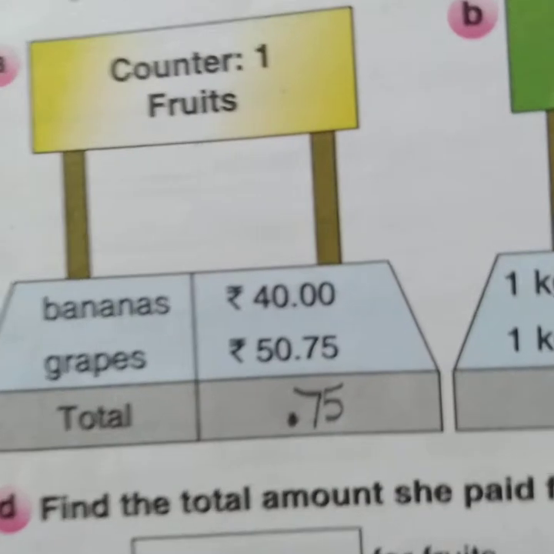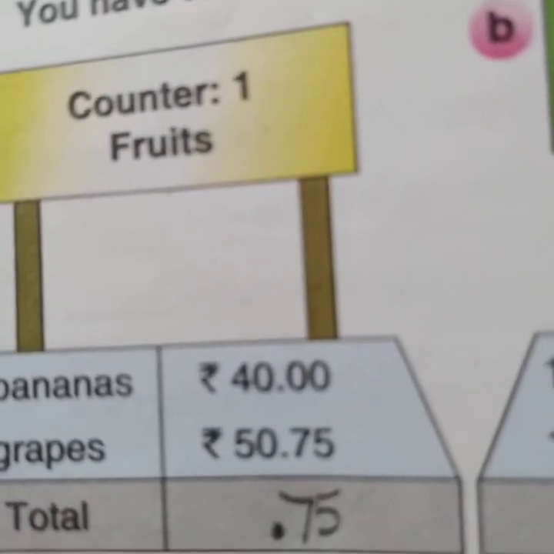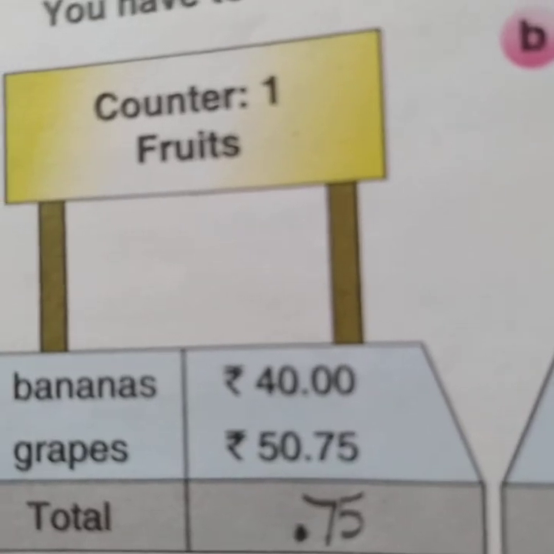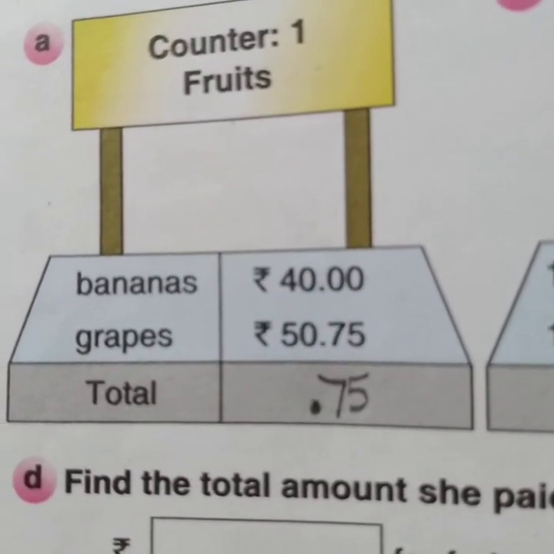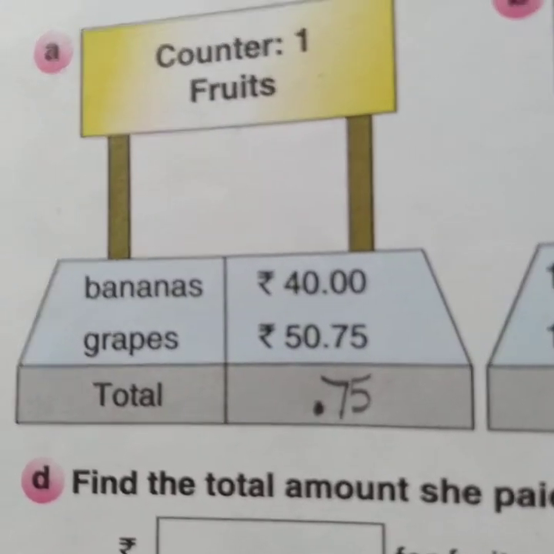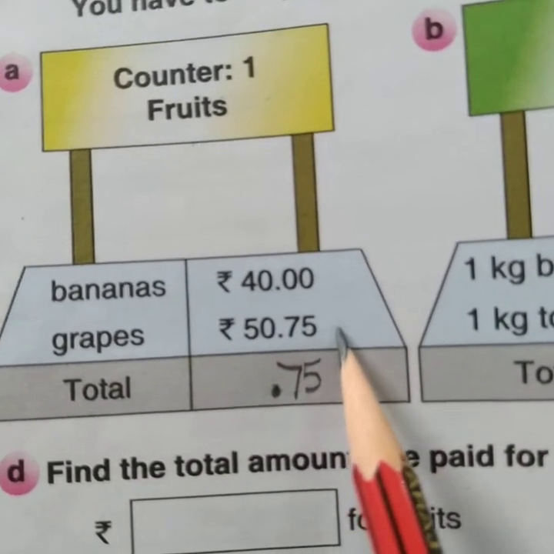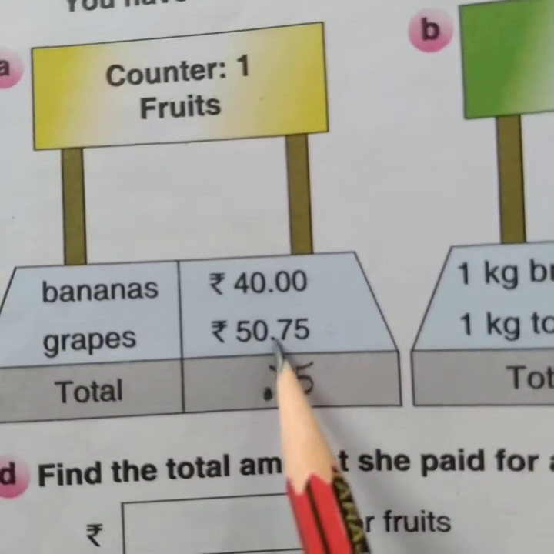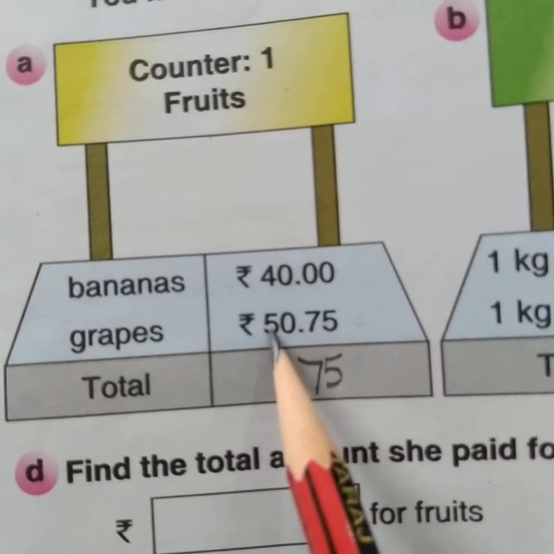Remember children, can you observe this point? The digits before the point represent rupees. After the point, these represent paise. So the digits before the point represent rupees.